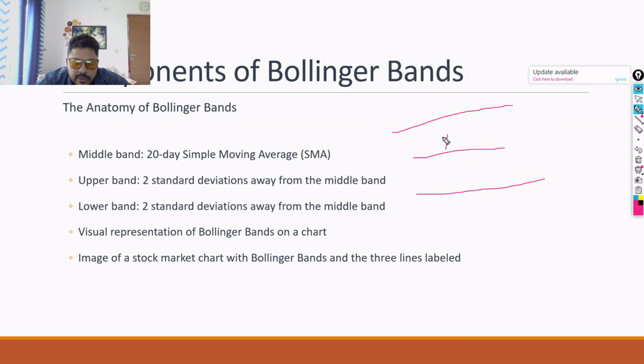These will be separated from the mean by 2 standard deviations. We will see this on charts for you to understand. So this will be the mean, this will be the upper band, and this is the lower band. Remember this is called the lower band, and this is called the upper band.